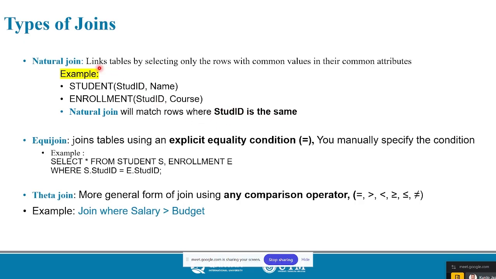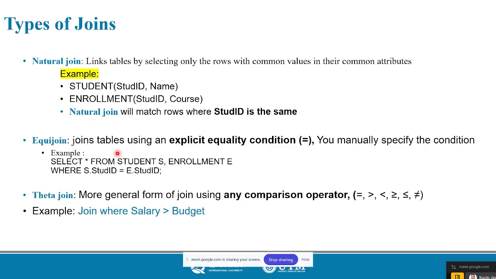Let's take a look at the definition: link tables by selecting only the rows with a common value. In these two tables, student and enrollment, the common value would be student ID. Of course, student ID by itself is nothing, so it will select the rows with a common value in their common attribute. Now, we'll match rows where student ID is the same.